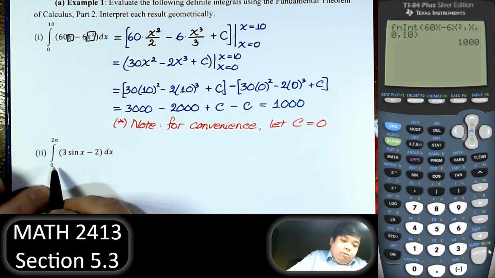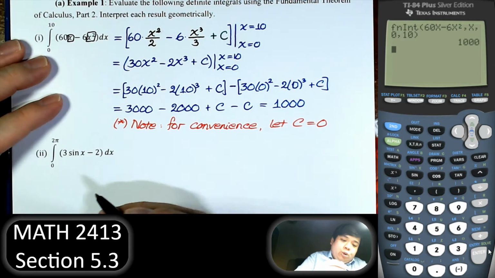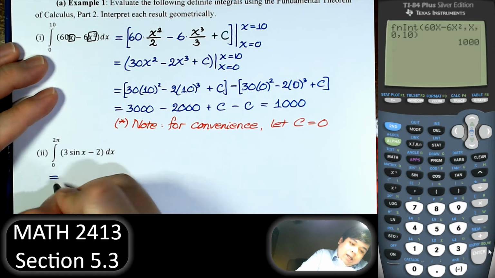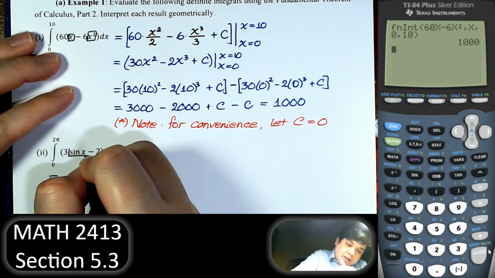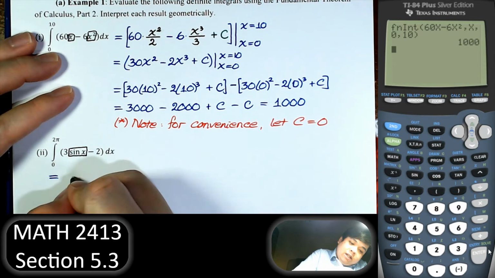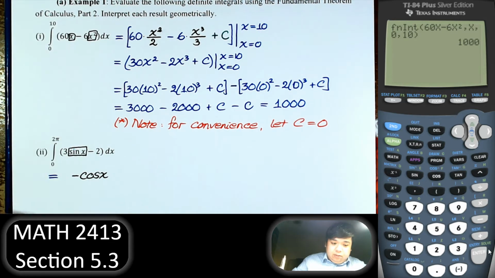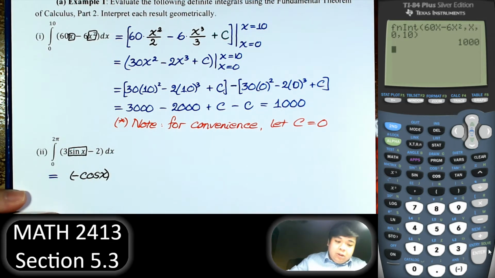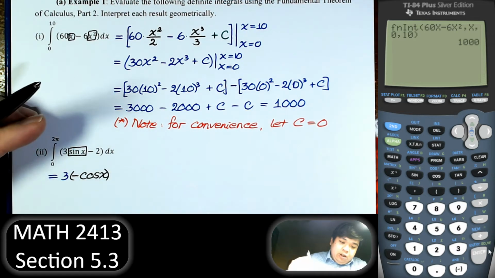Now let's look at the next example. Find the integral from 0 to 2 pi of 3 sine x minus 2. So we'll do one by one. Integral of sine x. Integral of sine is negative cosine. There's a 3 in front of it, and integral of a constant 2.